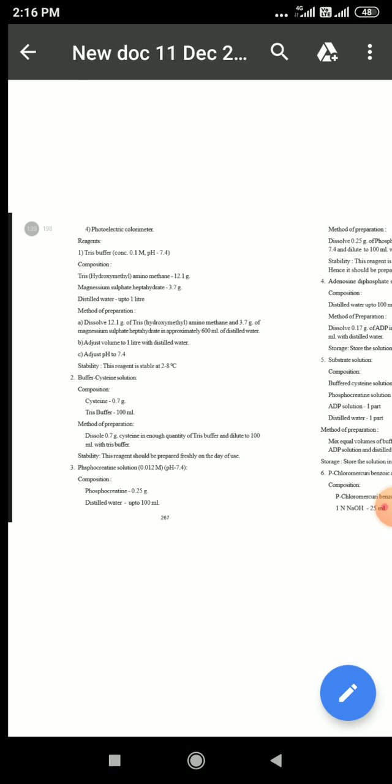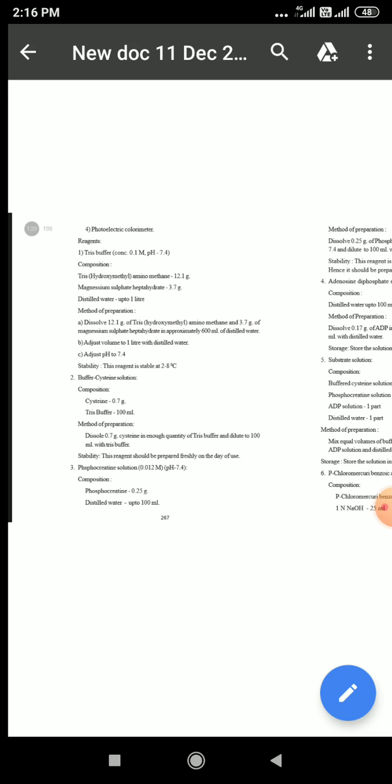Next we will discuss the different reagents, their composition and how we can prepare them. First we have tris buffer. For tris buffer: tris aminomethane 12.1 gram, magnesium sulfate heptahydrate 3.7 gram, distilled water up to 1 liter.